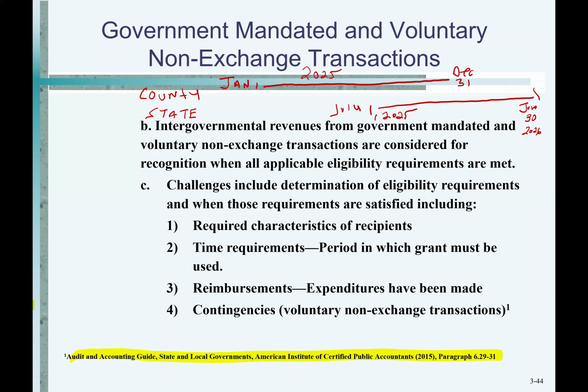All right. Now, let's say the state gives some funding to the county in July and says, you are to use that money in the state's fiscal year. They give them $1 million.